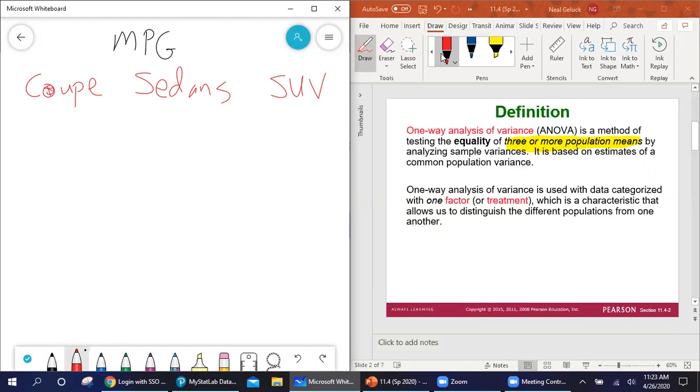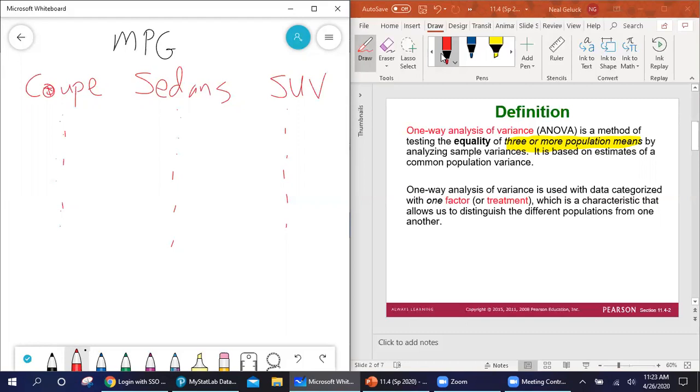Basically, we let the computer, we let StatCrunch, or whatever our program is, analyze the variances within the groups. We'll have data for each group, a whole bunch of MPG data. We'll calculate the variance within the groups and the variance among the groups and see if there's a difference.